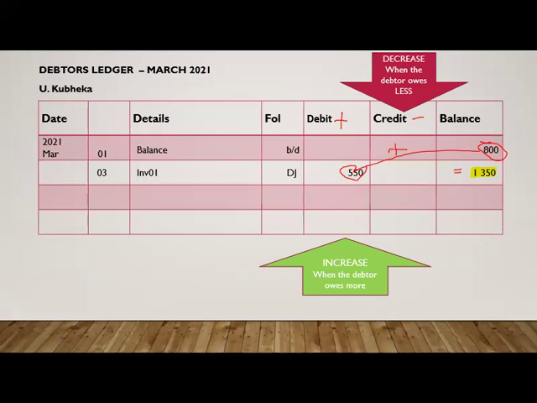We're gonna record it here, right? We're gonna record it there, right? What do I start with? 29, then invoice 04, folio, DJ, debit or credit, 640, right? What's the new balance?